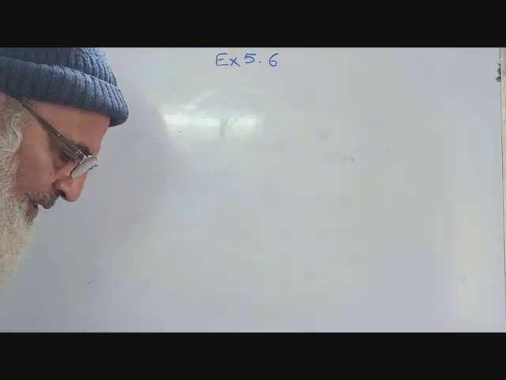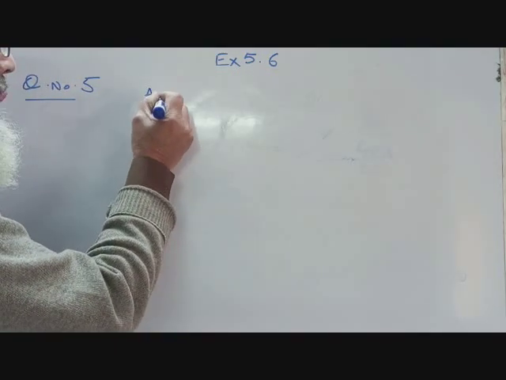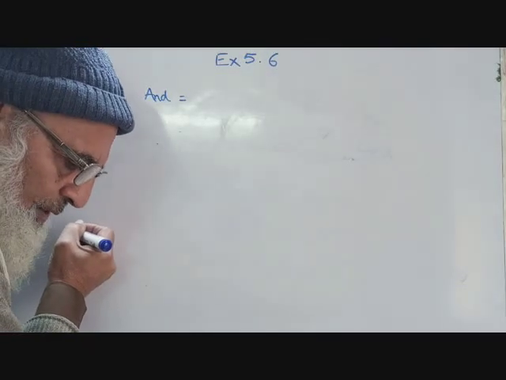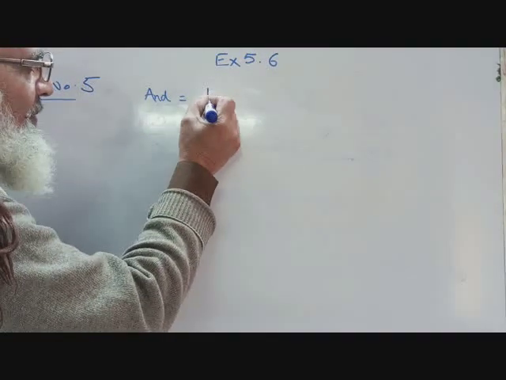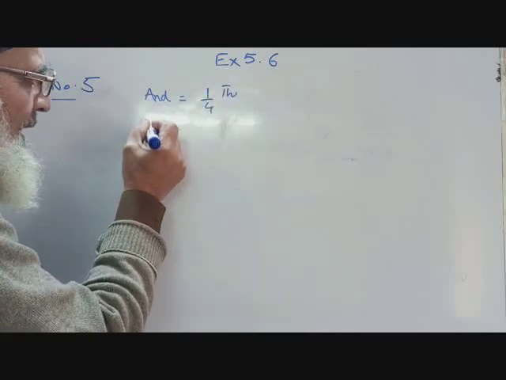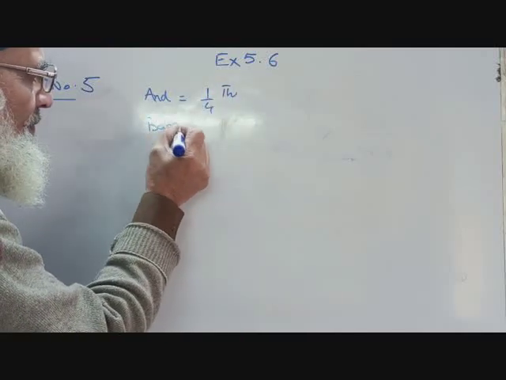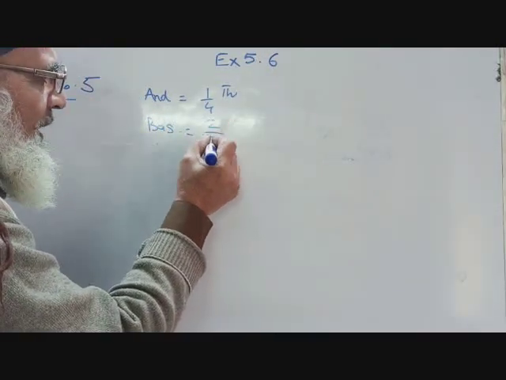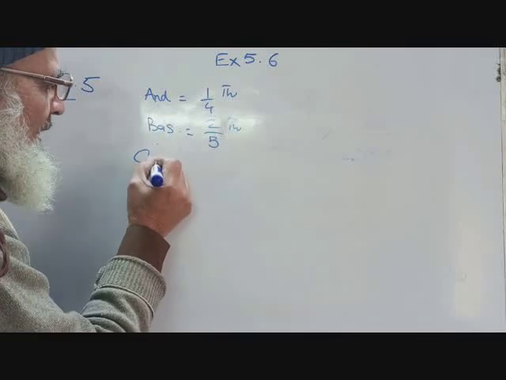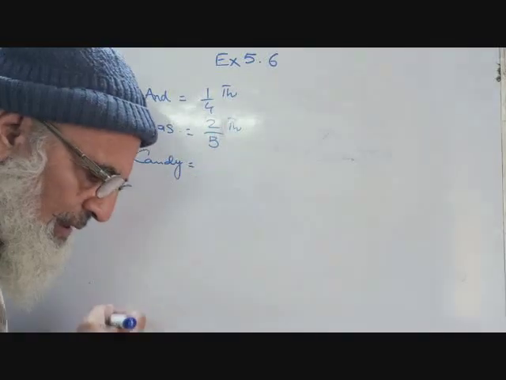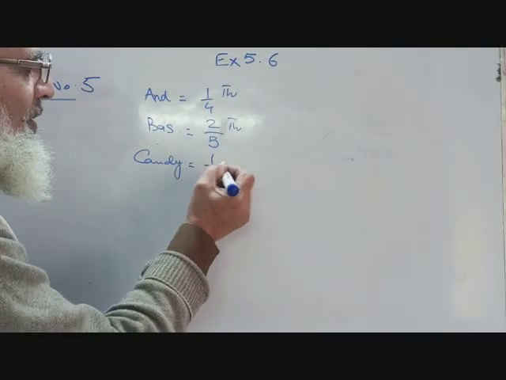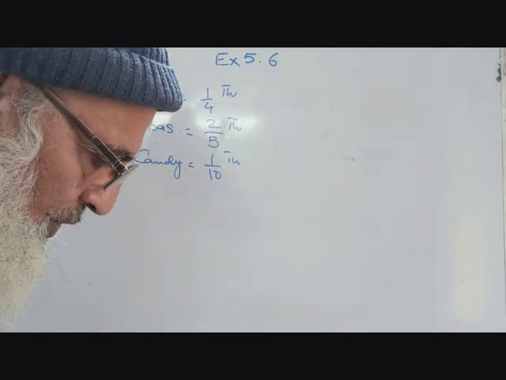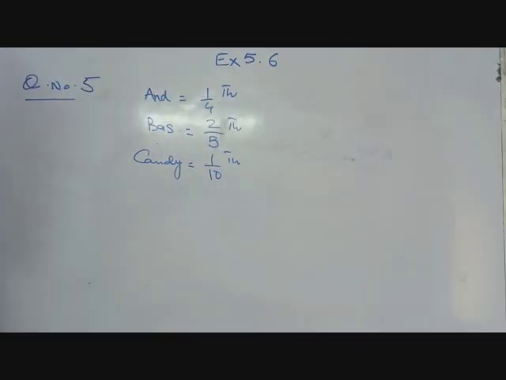If Andrew saves 1 by 4th of the total needed, and Bashir saves 2 by 5, and Candy saves 1 by 10th of it, what fraction of the cost of the party is left to pay?